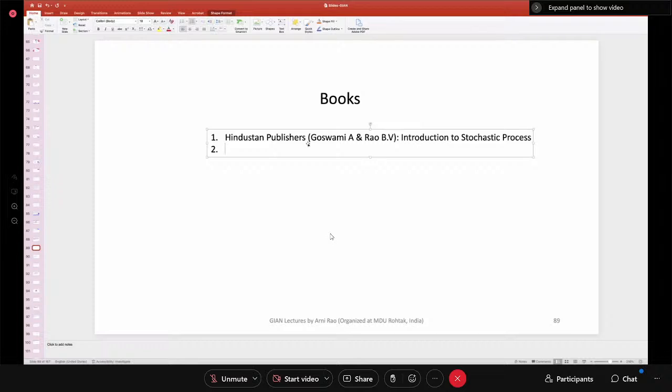And number two, of course, Feller, you can read, by Wiley publisher. Then the book by Feller.